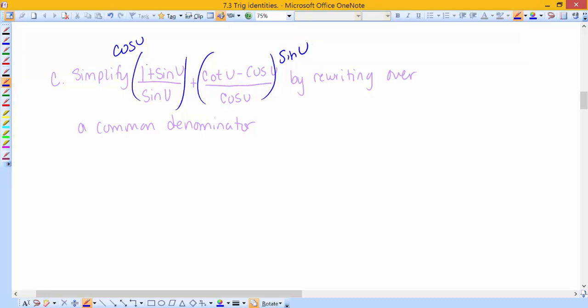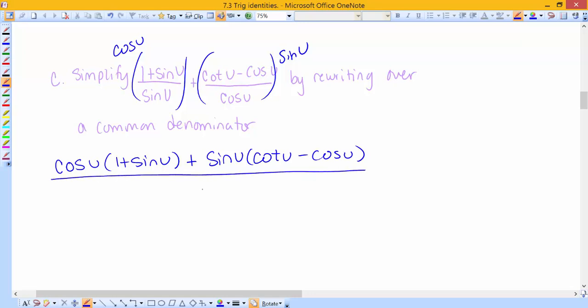So let's see, I multiply the top. I'm not going to distribute yet. I don't want to distribute yet because what if I don't need to? Then I just did work I didn't have to. So I'm just going to rewrite this first. Cosine times 1 plus sine. Then it's plus, now I'm multiplying sine times cotangent minus cosine.